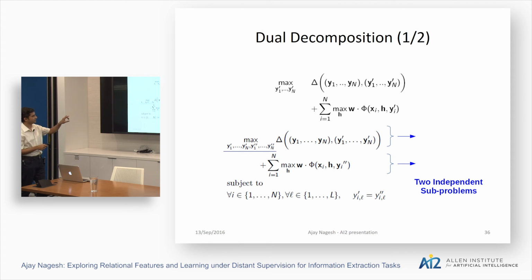No, for the given set of y prime, finding the set of y double prime is not easy, right? That is why we need this kind of constraint that needs to be introduced in the middle.